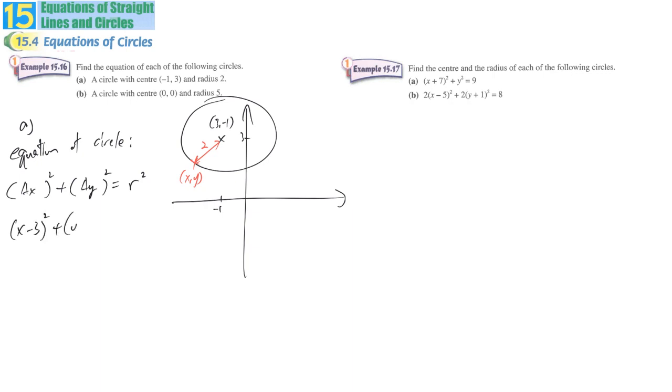Delta y is y minus -1. Beware the sign. R here is 2, so 2 squared here. To simplify, (x minus 3) squared, and then minus -1 will become (y plus 1) squared, equal to 4.